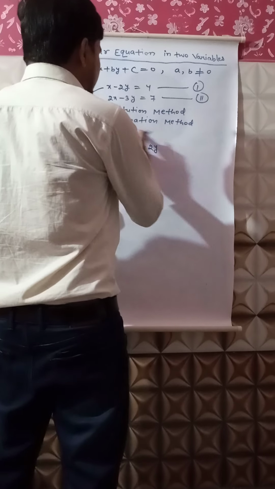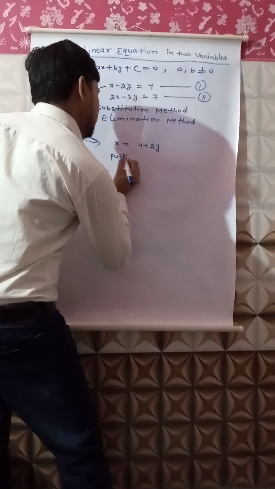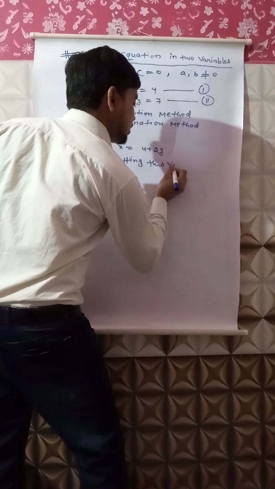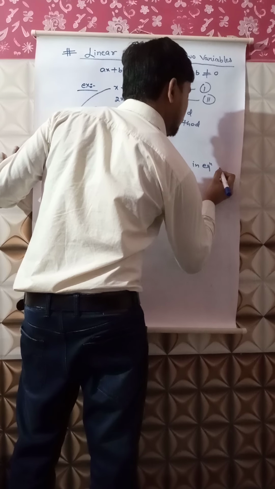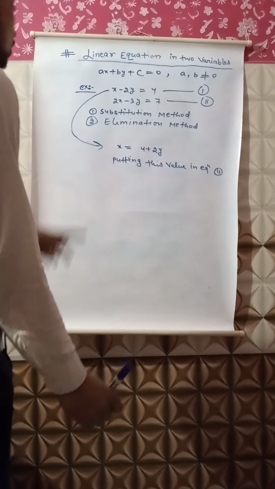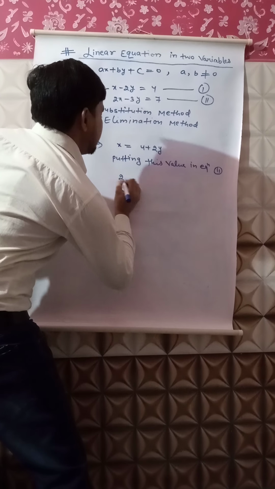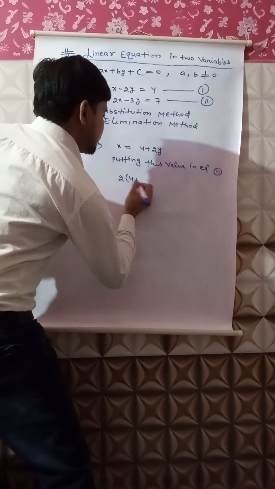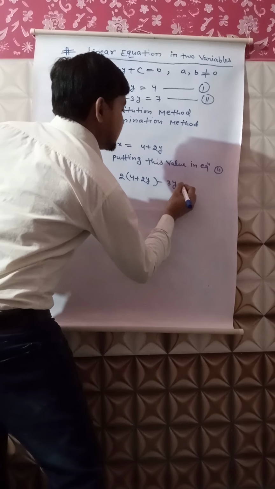Now we put this value in equation 2. In place of x, we put 4 plus 2y, so 2 into (4 plus 2y) minus 3y is equal to 7.